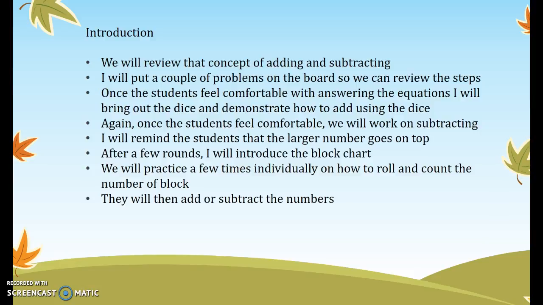It is important for students to remember that the biggest number or the largest number is what you're taking away from. After a few rounds, I will introduce the block chart and they can continue as they're rolling dice. The number that comes up, they will be able to use the placeholders and find which column equals the same number, and then they will add or subtract the numbers that they rolled.